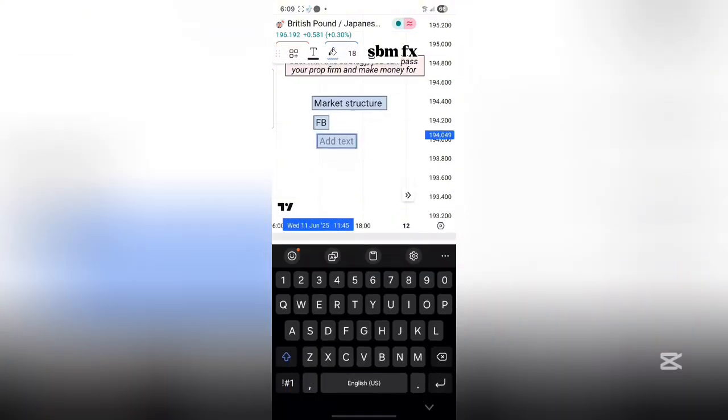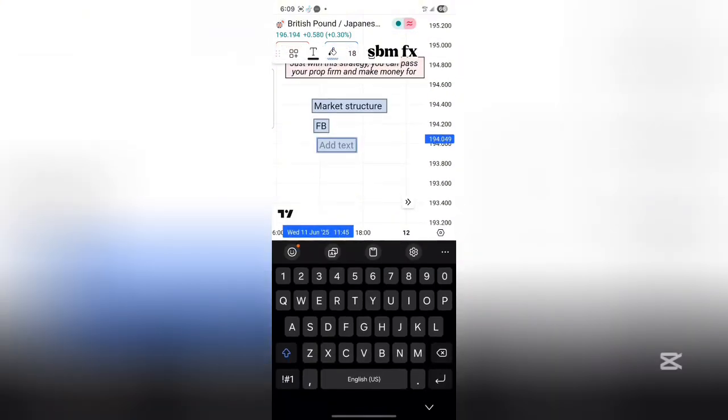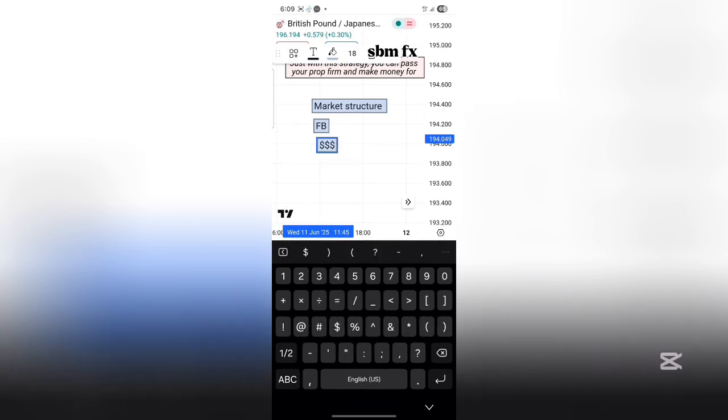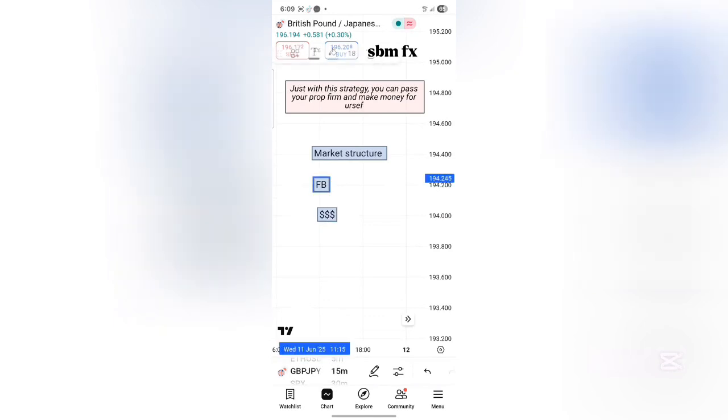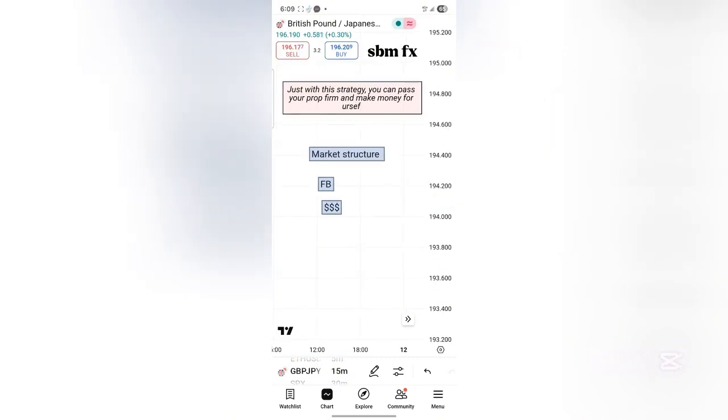And the other thing you need to know is liquidity. I use dollar signs to represent my liquidity. There has to be a liquidity protecting the failed order block, and there are two rules guiding this strategy.